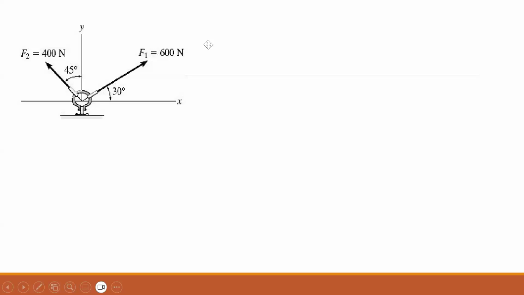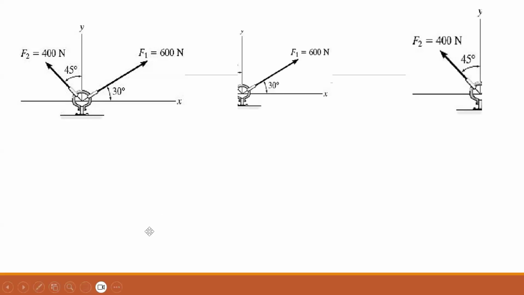So we are going to divide the vectors into components. That means the x component and the y component. So we have these two vectors. So this is my x component, this is my y component. I just write this as x and y. If you write sine 30 is equal to opposite divided by the hypotenuse, which is 600, because this is 600.